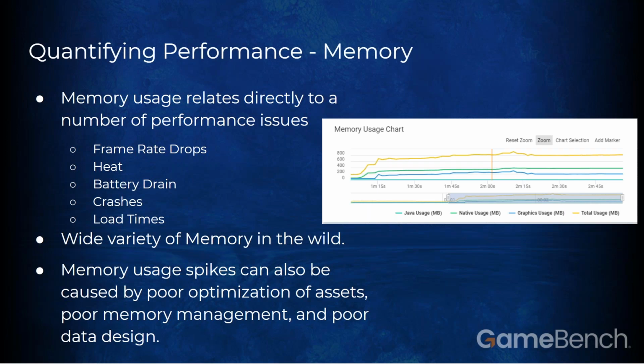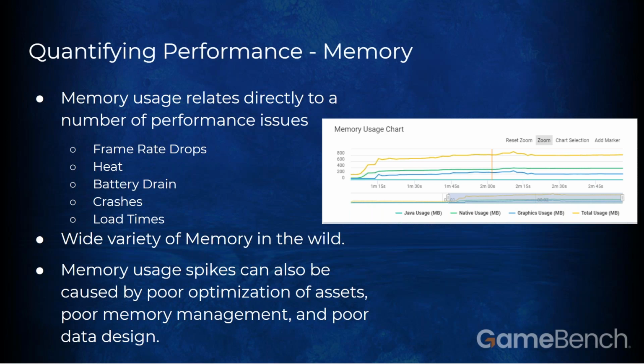Memory, again, we're talking about quantifiable performance metrics. Memory is a huge one. Issues with memory and memory access really tie into a number of user noticeable things: frame rate drops, heat, battery drain, and crashes.